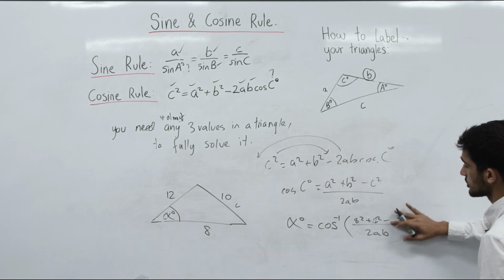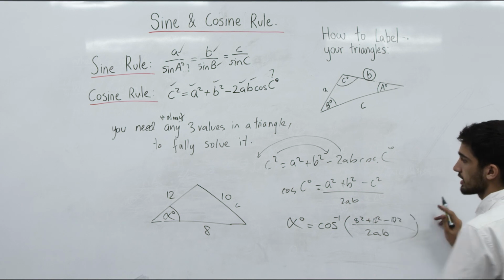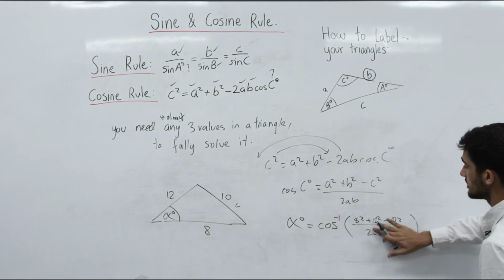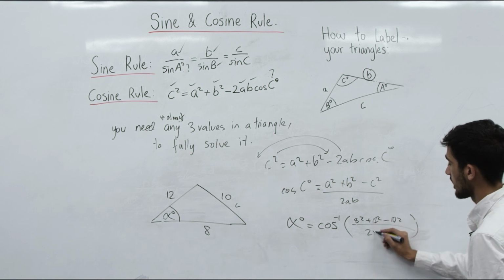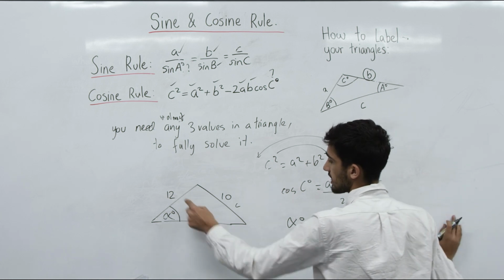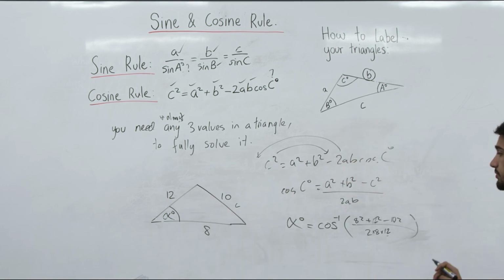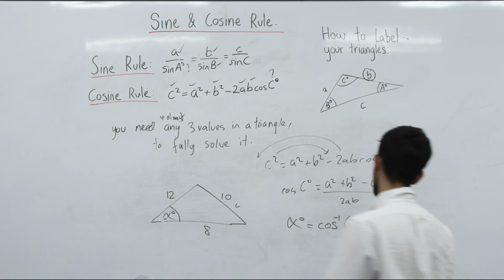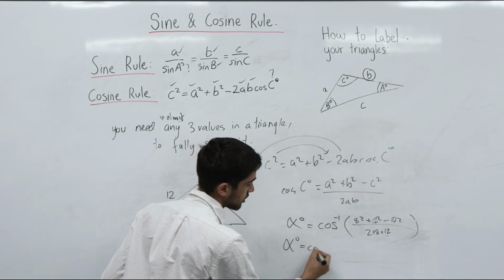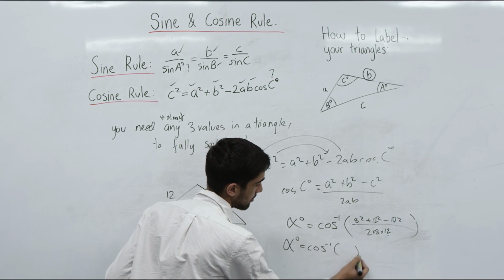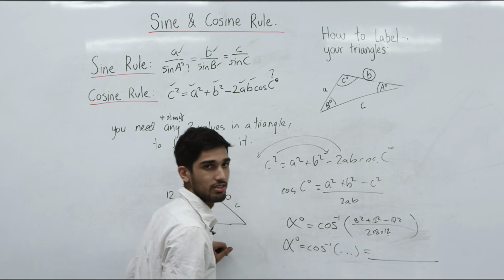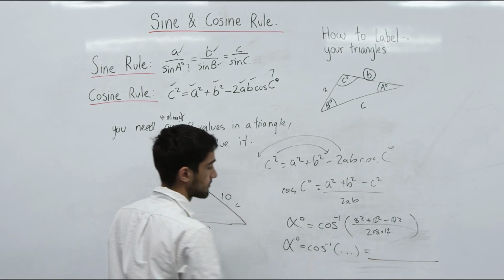So we minus C squared, we have to minus that 10 squared because it's a matching side to our angle. Divided by 2AB is just 2 times 8 times 12. A and B, 2 times 8 times 12, okay? And the final answer: you plug it into your calculator and you'll get alpha degrees equals the cos inverse of that number there, which equals the answer which we will insert into the video here, okay?